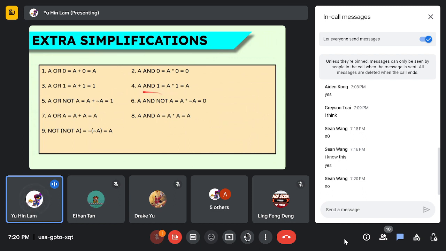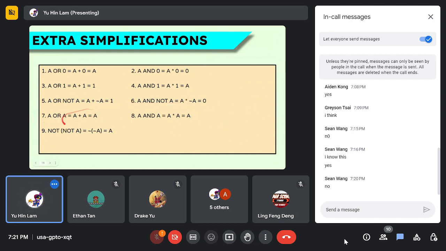A and 1 will give us A. A or not A. Yeah, this is the squiggly line that I was talking about. This also represents not. So A or not A would just give us 1, which is true. A and not A will give us 0, which is false.